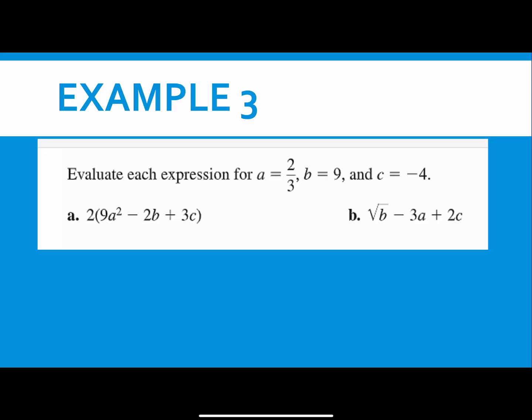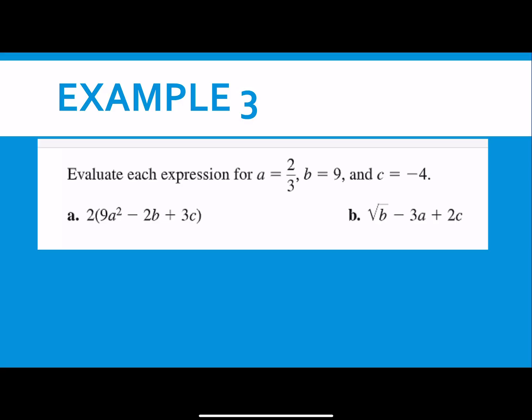Okay, example 3. Now we're going to evaluate each expression for a equals 2/3, b equals 9, and c equals -4. In A, we have a set of parentheses, I see an exponent, we have a coefficient of 2 out here.